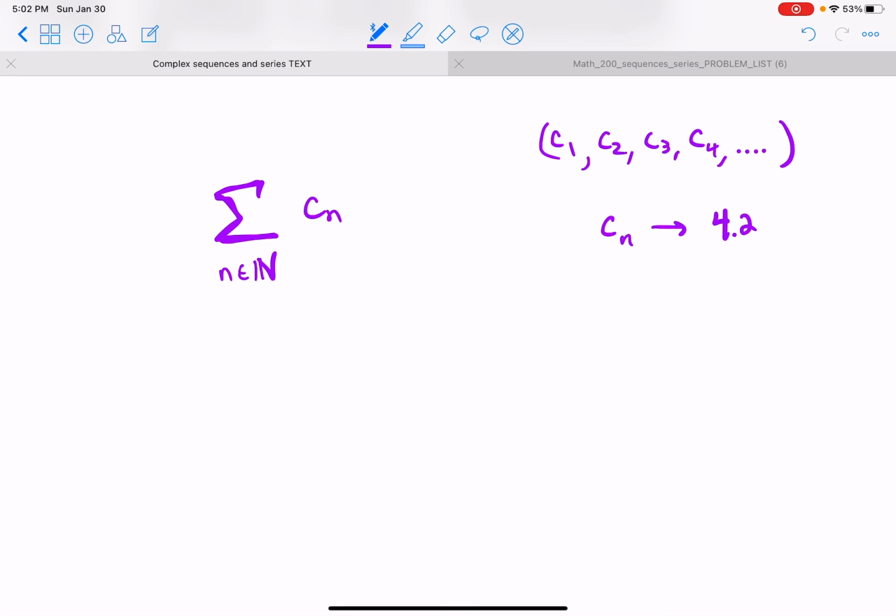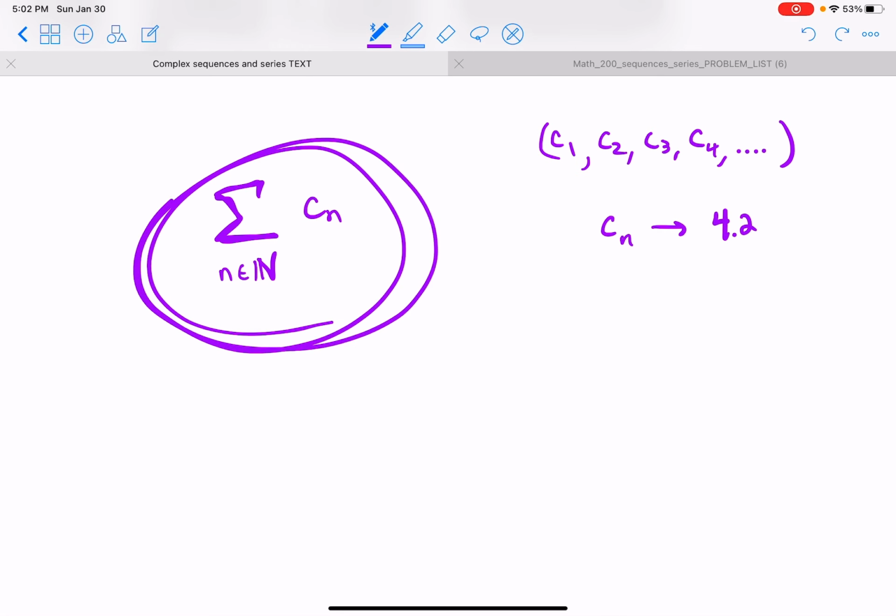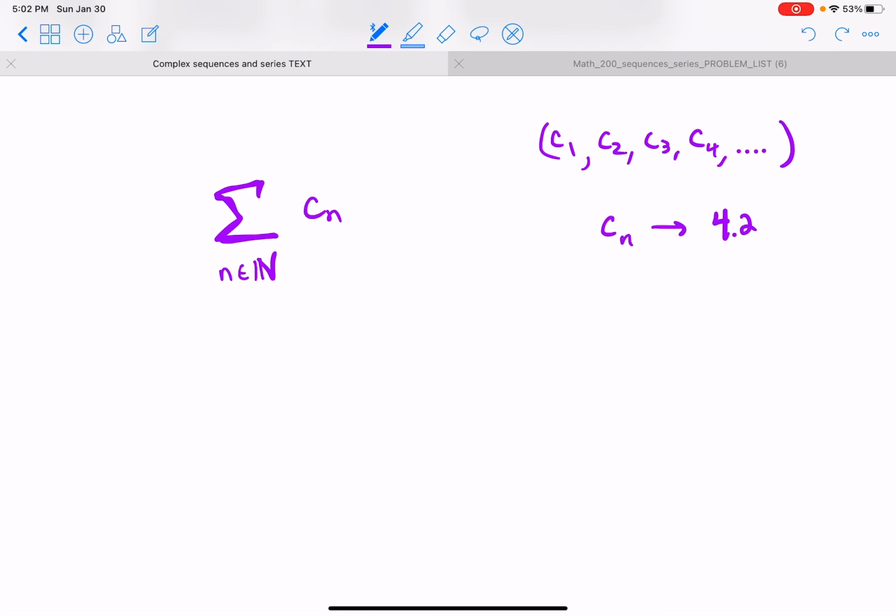But then, if you want to say, does this make sense? Can we actually add up these things? You need to form a different sequence. I'll call them S sub little n, where we're just adding up the first, I guess, m terms, a partial sum.